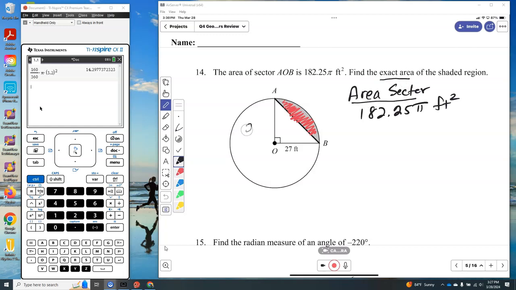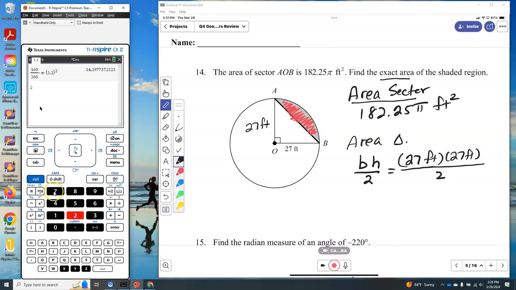So this is 27 feet, this is 27 feet. So the area of the triangle is base times height divided by 2. So it's going to be 27 feet times 27 feet, and then you're dividing by 2.